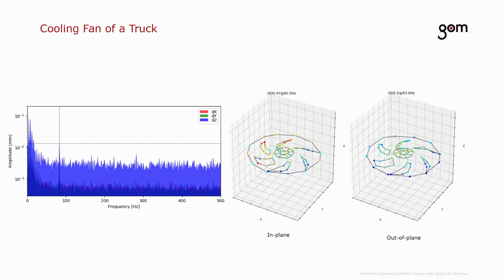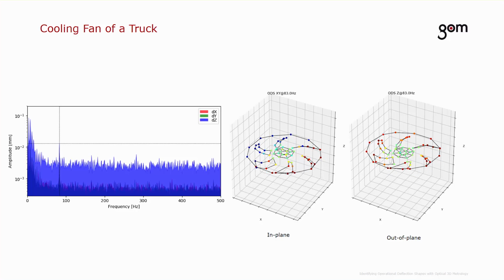When we fed this information again into our operating deflection shape analysis tool, we identified a peak at around 83 Hertz, and we could clearly see there's an operating deflection shape connected to this frequency here.